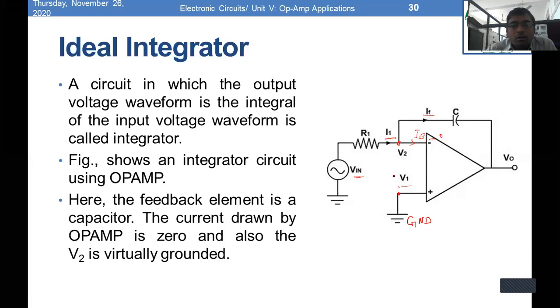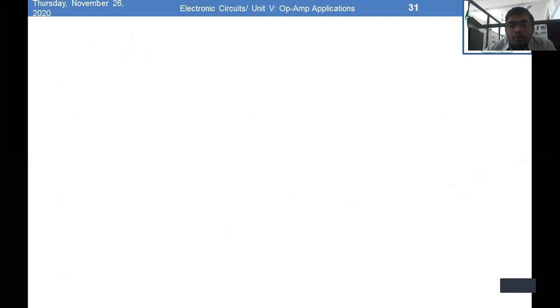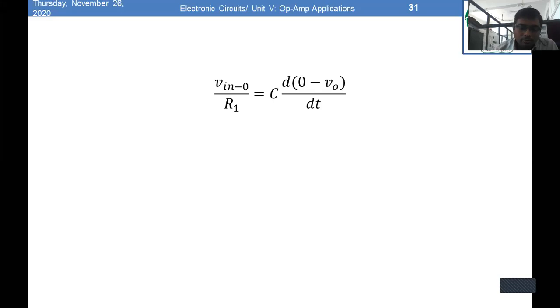Now, as per this discussion, I1 is equal to IF and V2 is equal to V1 is equal to 0 volt. When we analyze this circuitry, the condition is I1 is equal to IF. So I1 is what? V in minus 0 upon R1, according to Ohm's law.